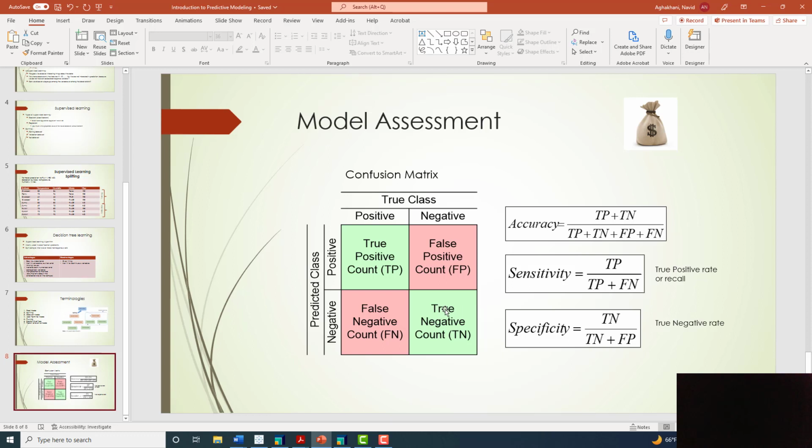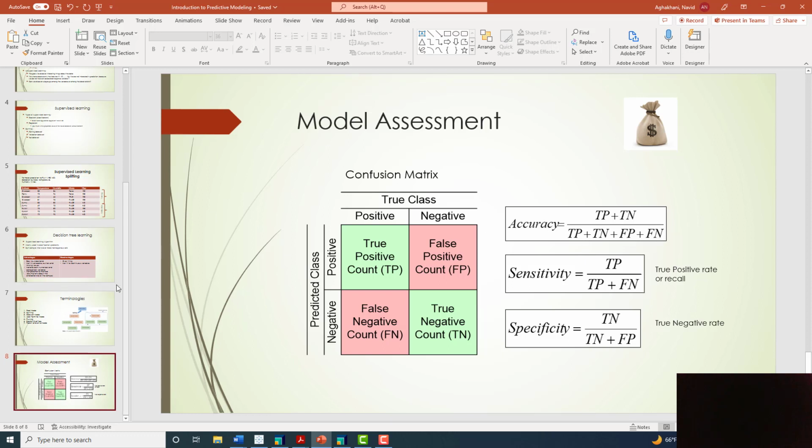And finally, true negative means that the model predicted no, and the true value of that class was also no. Based on this information, we have different numbers here. We can calculate the accuracy of the model as the number of true positives plus the number of true negatives divided by the number of all cases: true positive, true negative, false positive, and false negative.